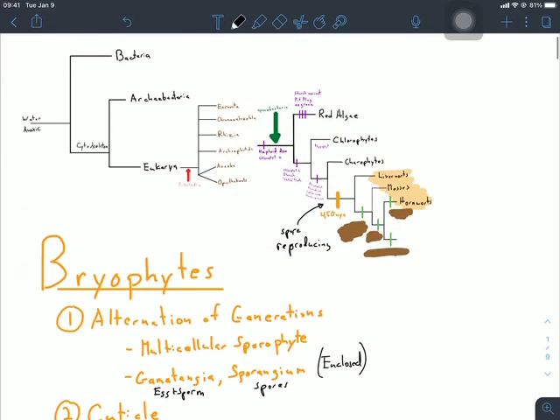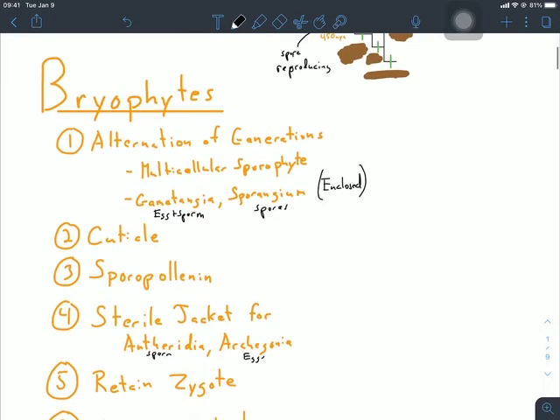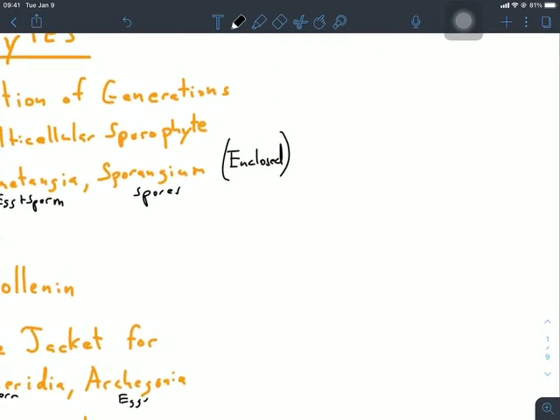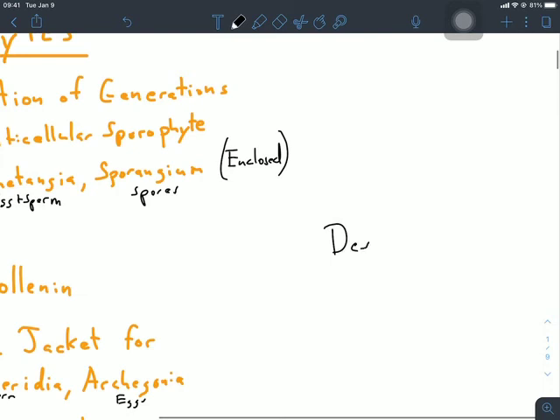So with those evolutionary innovations, I also like to always include some basic descriptors of the group. Things that you'll see commonly stated, whether it be in the textbook or on Wikipedia pages or in other plant-focused classes.